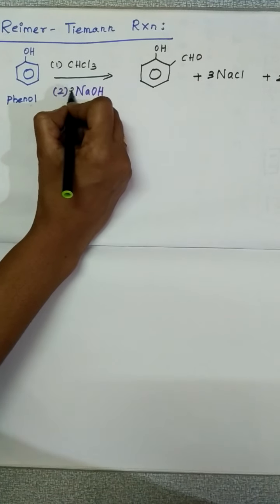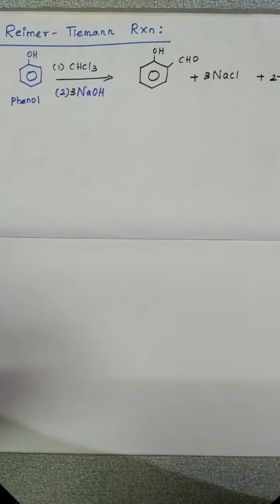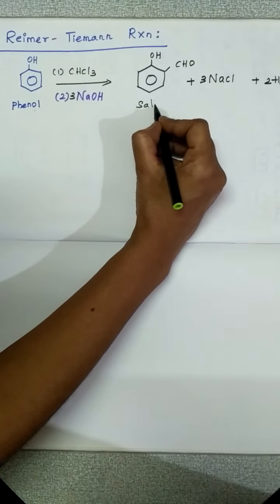So this is the Reimer-Tiemann reaction. The main product formed is salicylaldehyde.